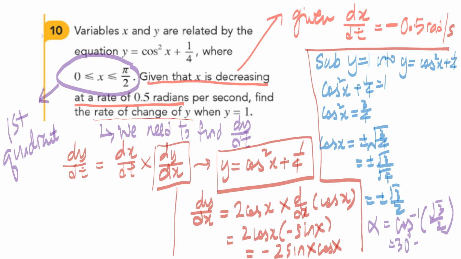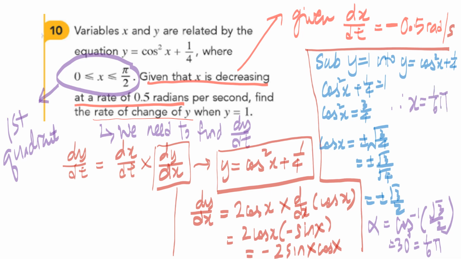Convert it to radian is 30 over 180 pi, which is 1 over 6 pi, or pi over 6. So alpha is an acute angle, between 0 and 90, which is the first quadrant. And the first quadrant is the answer you're interested in. So therefore, your x that you need to use is 1 over 6 pi.